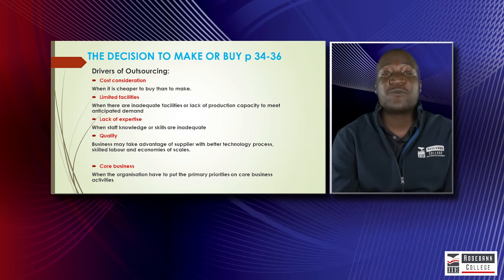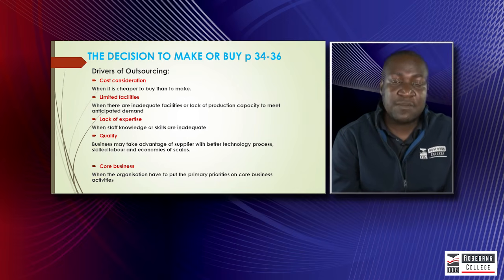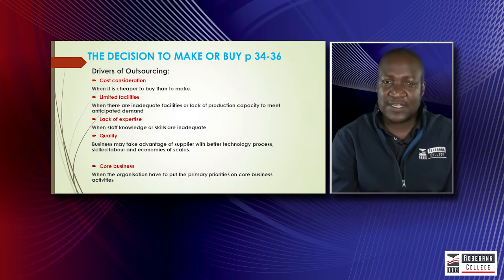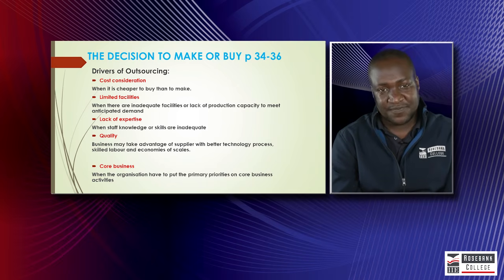When is it cheaper to buy than to make? The next point is limited facilities. This is when there are inadequate facilities or lack of production capacity to meet anticipated demand. The next one is lack of expertise, very common, when staff knowledge or skills are inadequate.